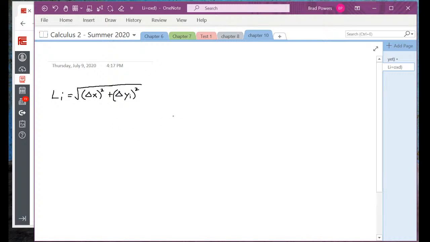Anywho, because of the mean value theorem, we could make that same statement we did before.